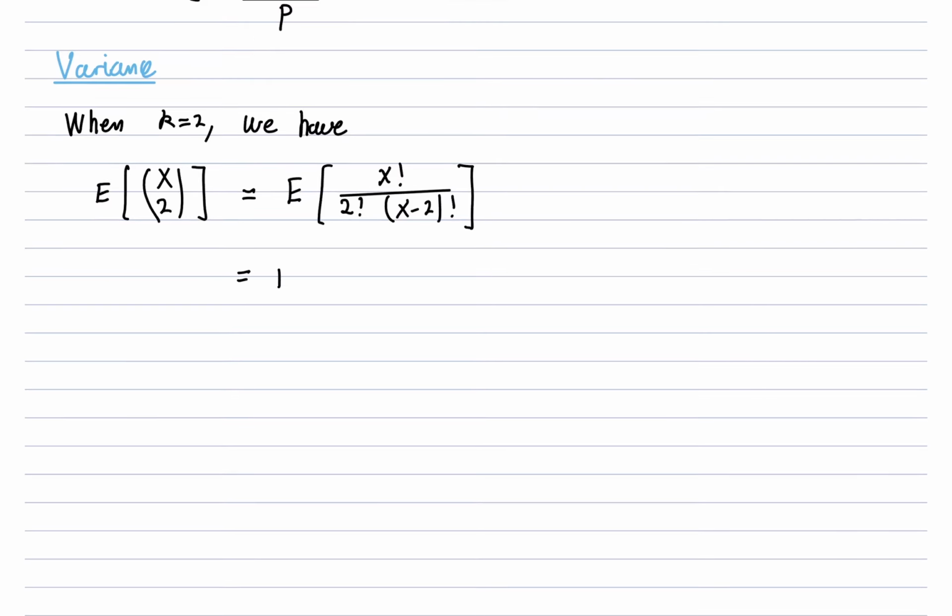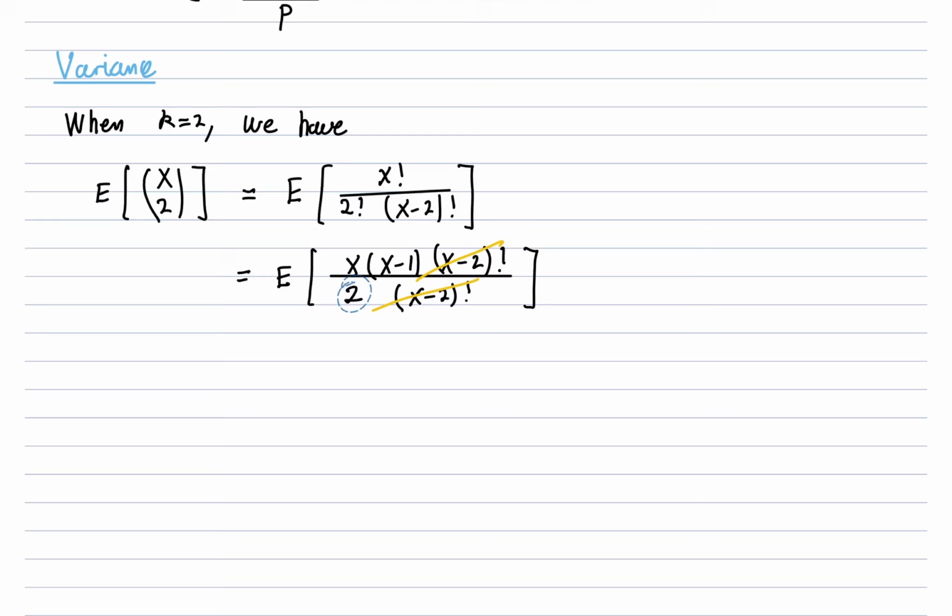The numerator, x factorial, can be written as x times x minus 1 times x minus 2 factorial, all over 2 factorial, which is just 2, and we still have our x minus 2 factorial in the denominator. We notice that the x minus 2 factorial at the top and bottom can cancel. That leaves us with x times x minus 1 over 2.